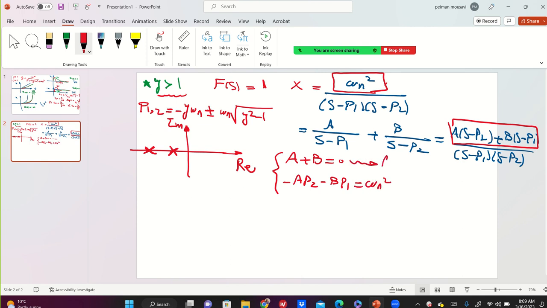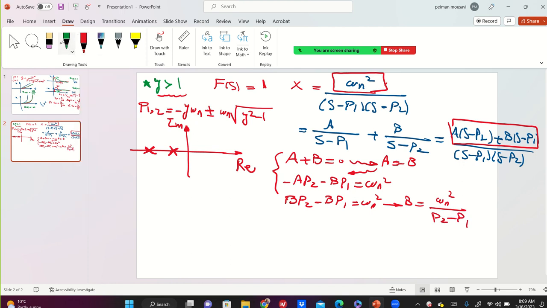From here you get A equal to minus B, and implementing here, it's going to be B p2 minus B p1 equals omega n squared. So your B is going to be omega n squared over p2 minus p1.